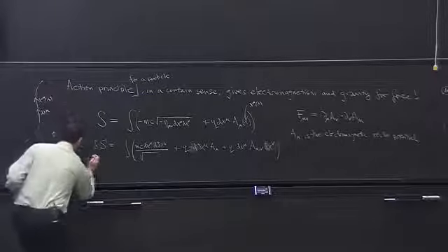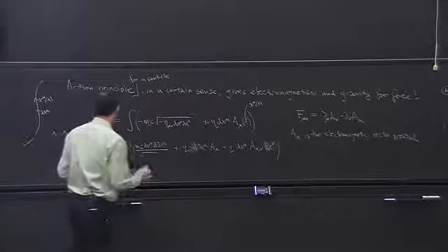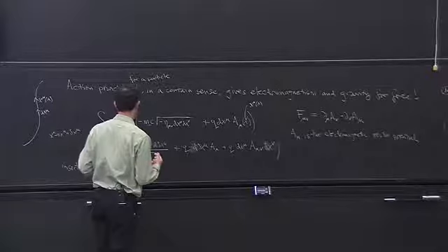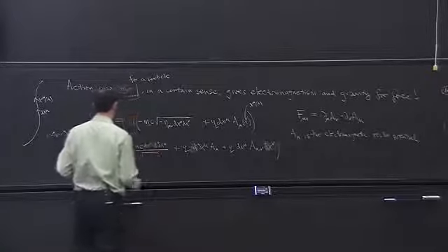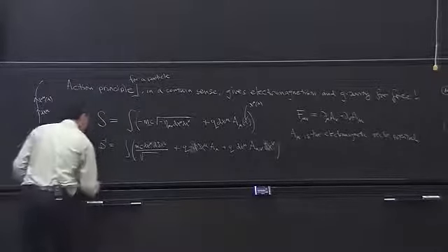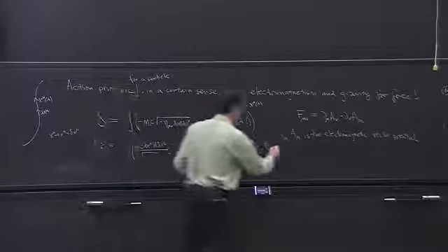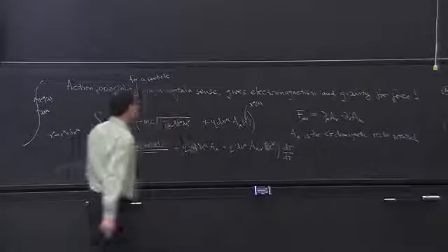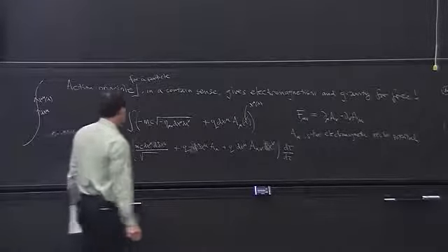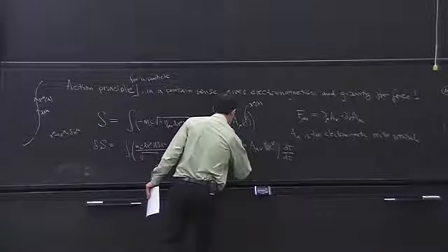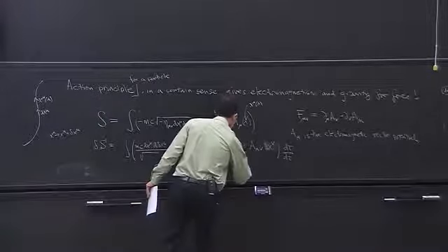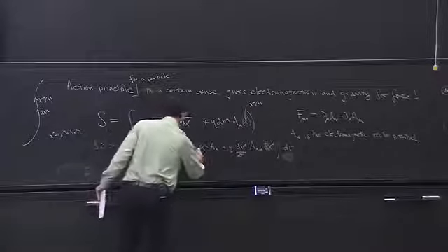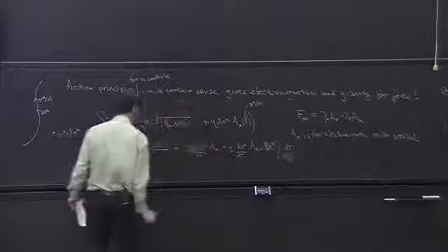Yeah, so let me do it this way. Insert this factor. Actually, just use this fact. So multiply this by d tau and divide by d tau. Okay? So what's the point of that? Well, this is now dx^μ over d tau. I'll leave that d tau outside. This is now d delta x^μ by d tau.